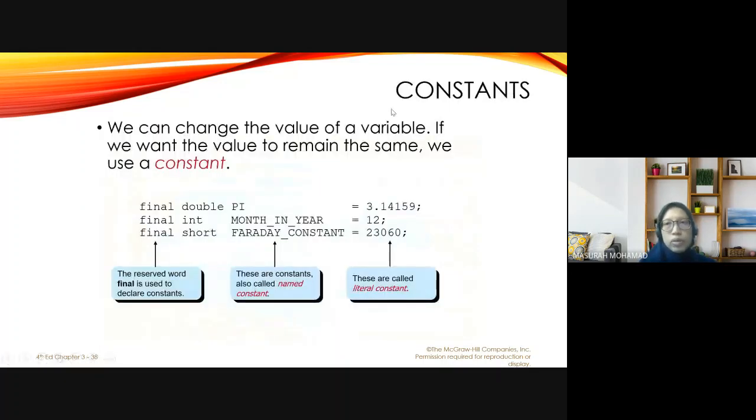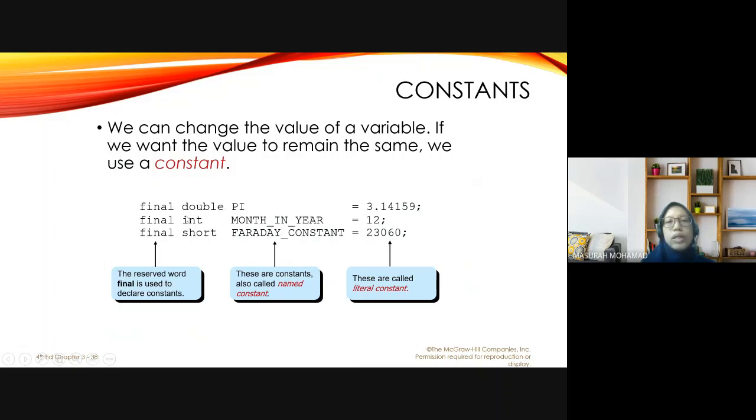What else? Constants. What is meant by constant? We can change the value of a variable. However, if we don't want to change the value, we can set it as a constant, which is a fixed value for the variable. In Java, if you want to declare a constant value, you can use the reserved word final.